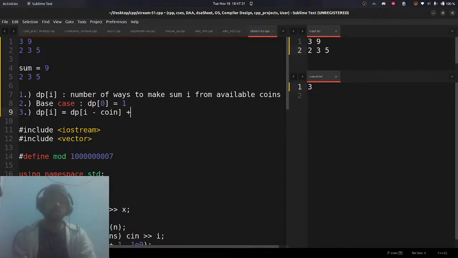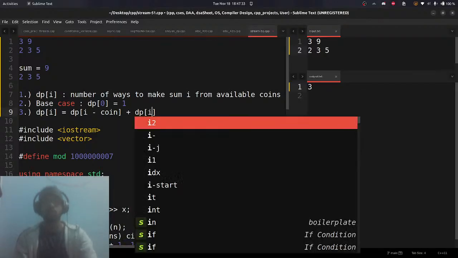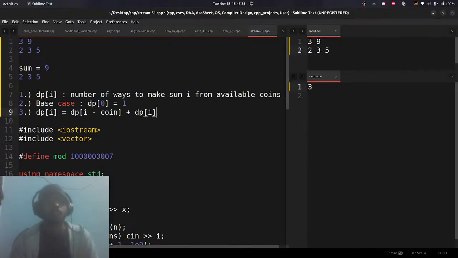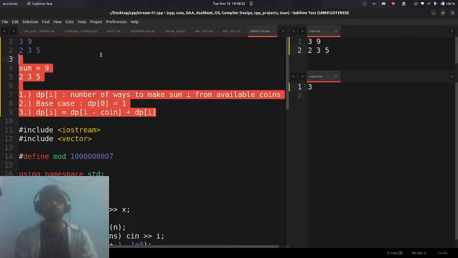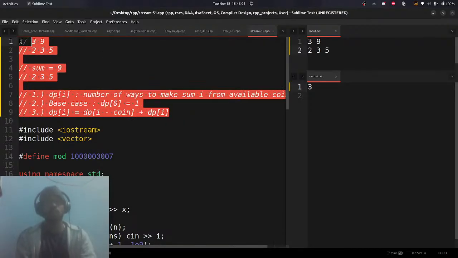Or we don't take the coin. Only if i minus coin is valid, I mean you get it. Let's try to code it and see if the approach is right.